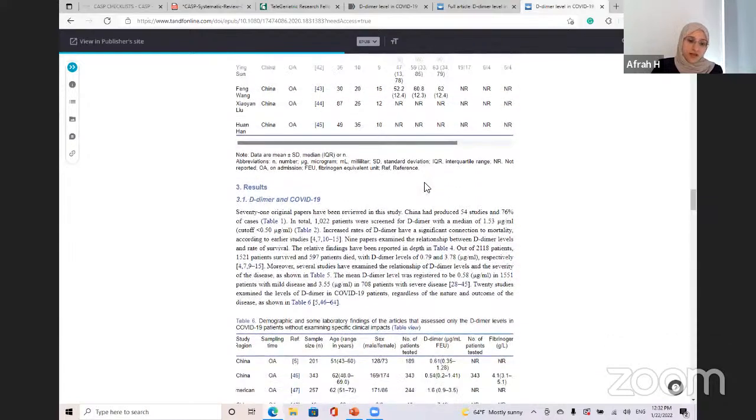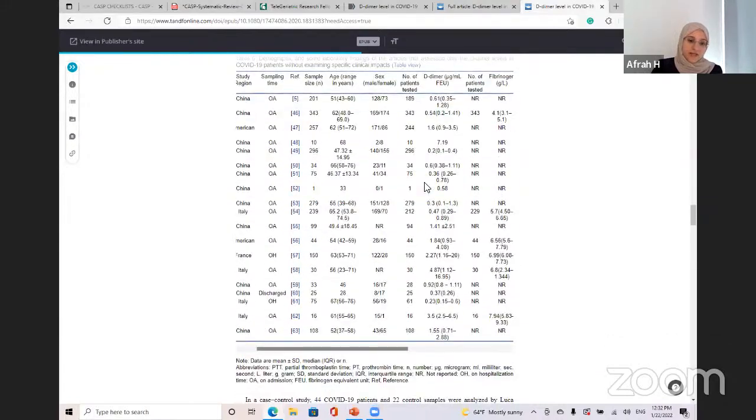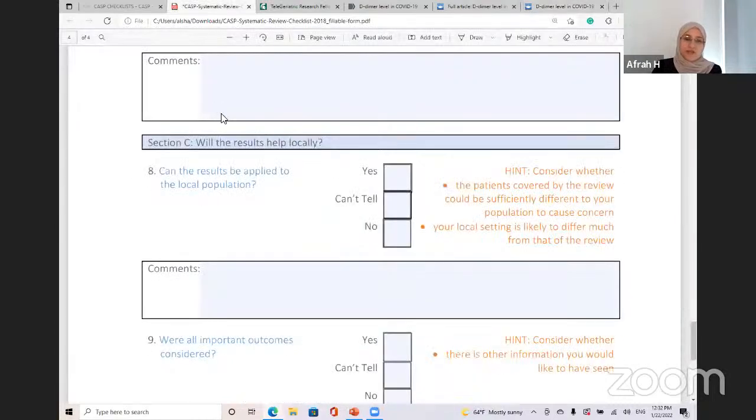If we look at the studies, they were in the China population, just one study in the USA, and four in Italy. And they included different ages, both sexes. I don't know if we can apply the study to USA patients.